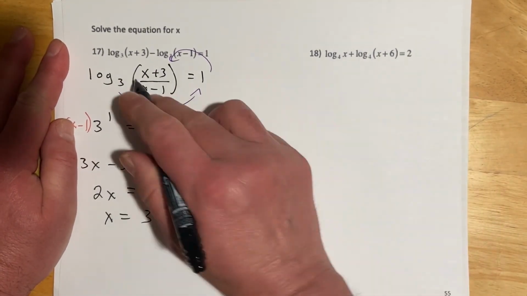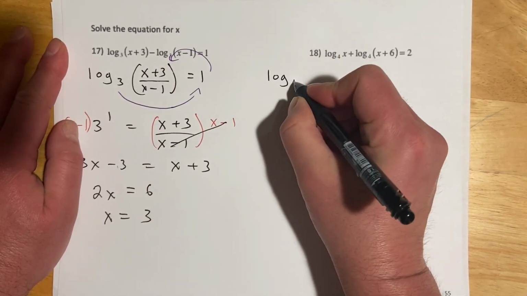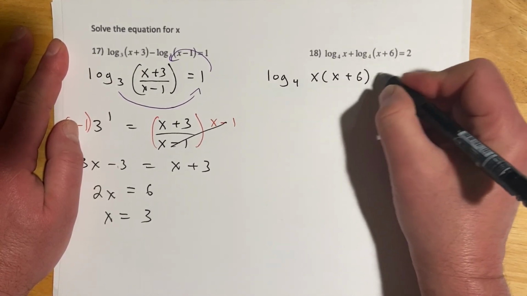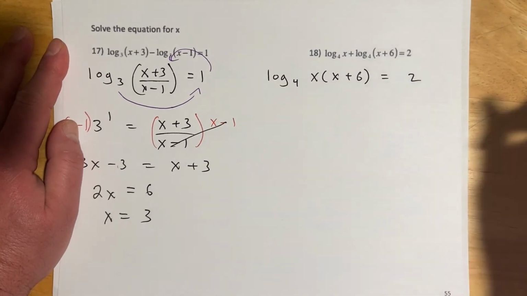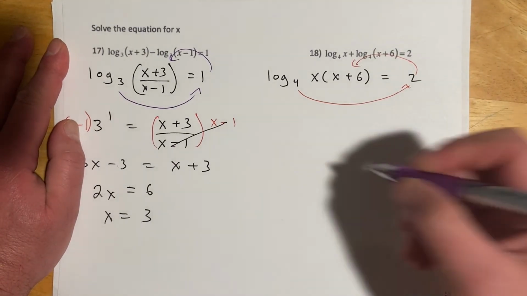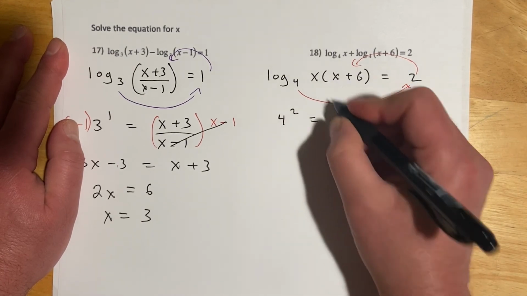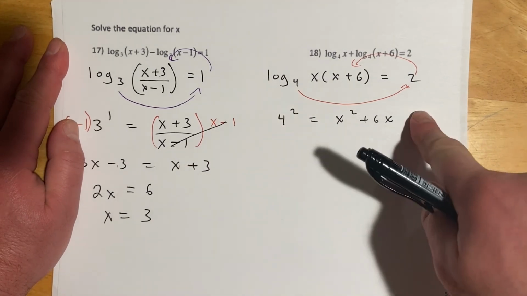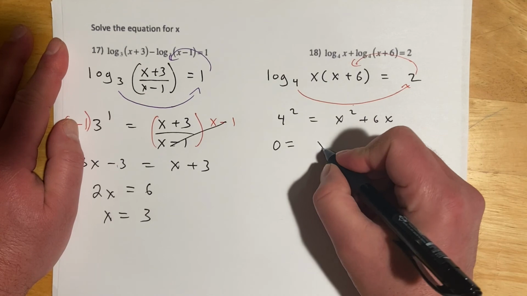Here, this time it's a plus, so similar, but this time it'll be a multiply instead of a divide. So log base 4 of x times x plus 6 equals 2. So then we're going 4 to the second makes the argument of the log. So 4 squared equals x squared plus 6x. That's a 16, so I'll move it over here, get my 0, and I'm doing that because this is an x squared.